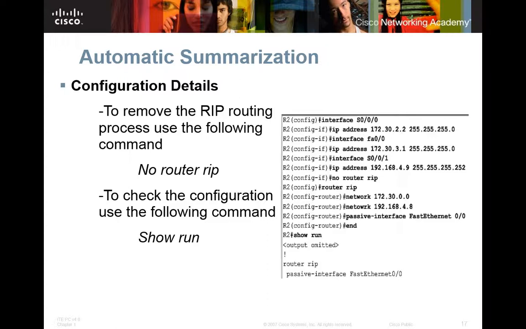Router rip, network, and they screwed that up. Network. So at least 192.168.4.8 is not going to work. And how in the world are you doing that as a network? Unless they're making that the WAN connection on a /30.